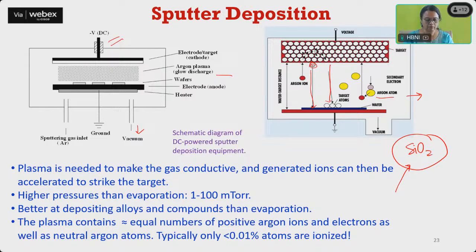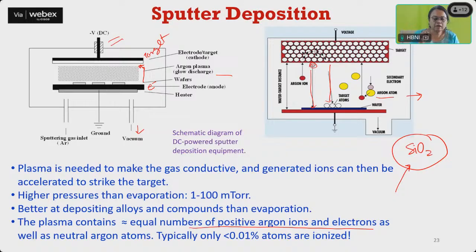The plasma contains an equal number of positive argon ions and electrons, as well as neutral argon atoms. Our positive argon ion is hitting our target, and the electrons go the other way, because we are putting a DC voltage.